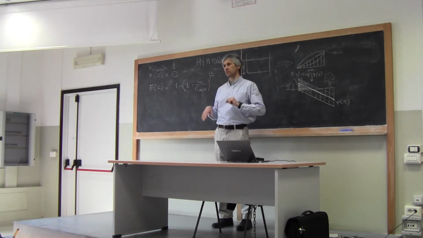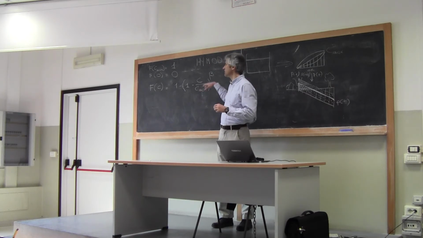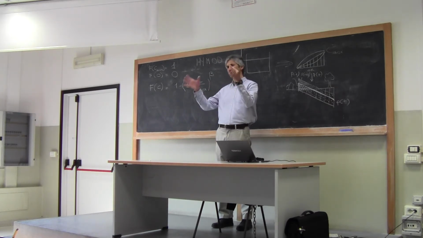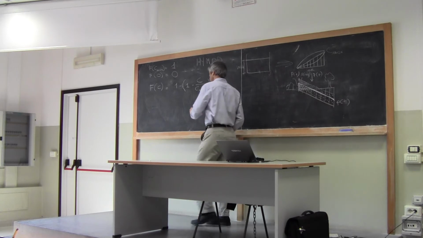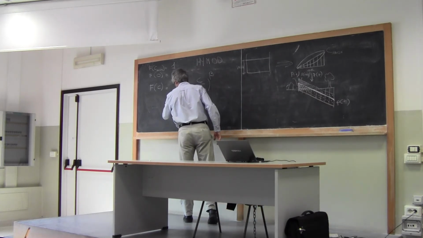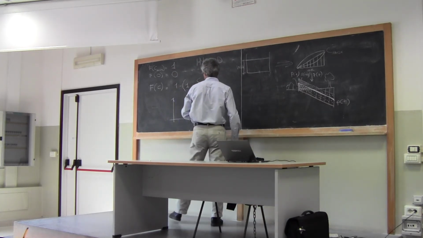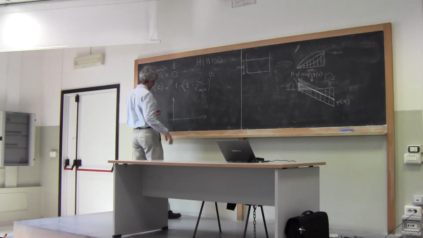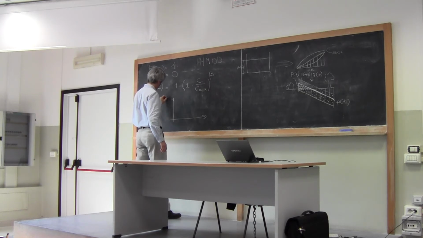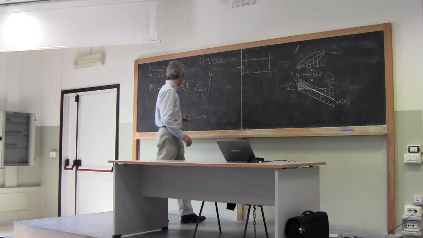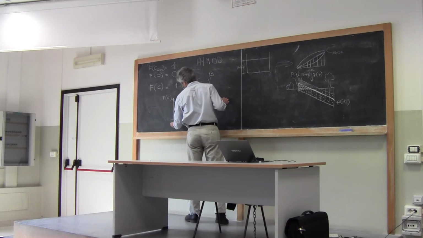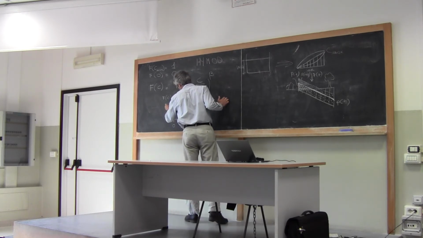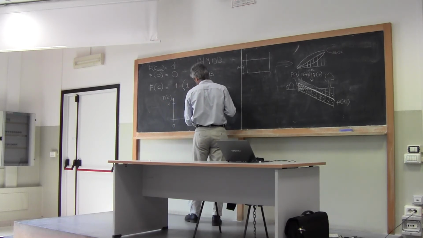We are engineers, so we don't really like to see analytical relationships. We want to see things. So let me draw a graph. Let me put F(C) here, which varies from 0 to 1, and let me put C here, from 0 to Cmax.